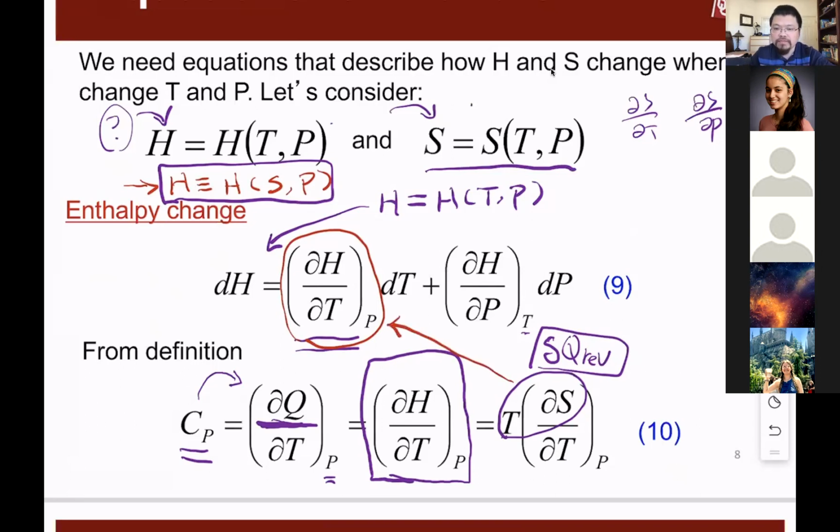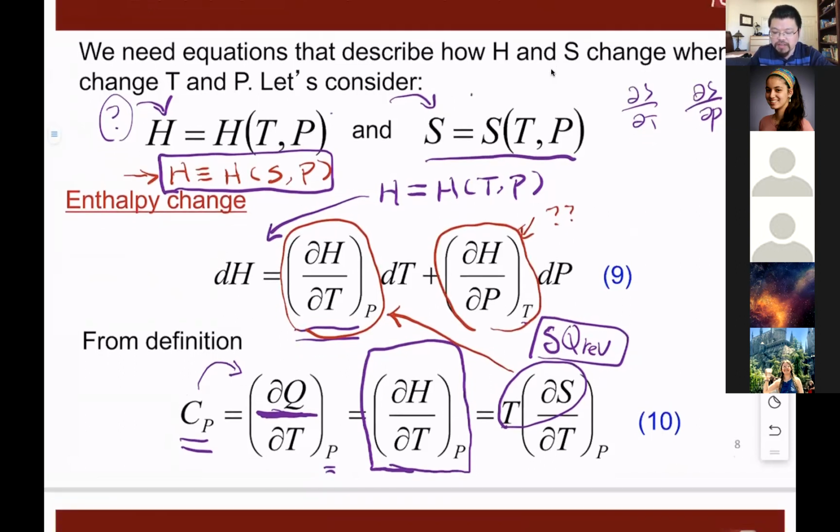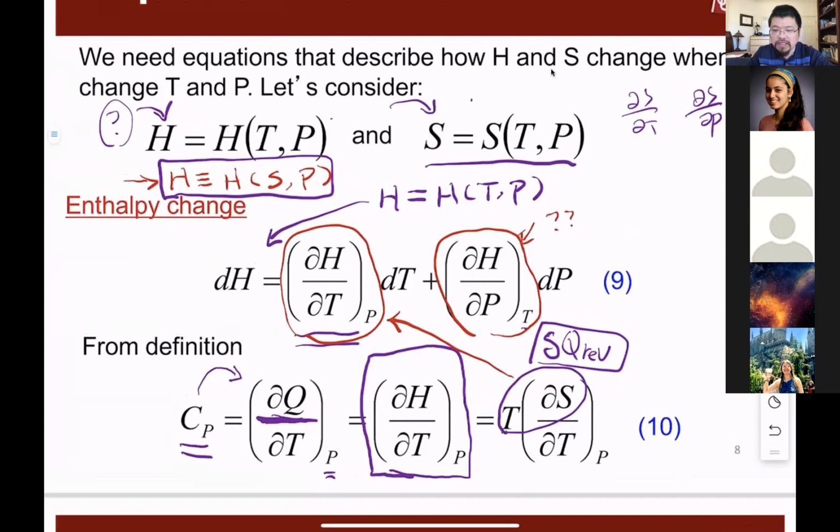Okay. Then how about the second term, dH over dP? What about the second term? We'd better also replace the partial derivative over dH. So now if we are looking at this term, dH over dP, let's try to see what would be the other useful equations for enthalpy. We don't have too many useful equations. We've used one, H is expressed as Cp.